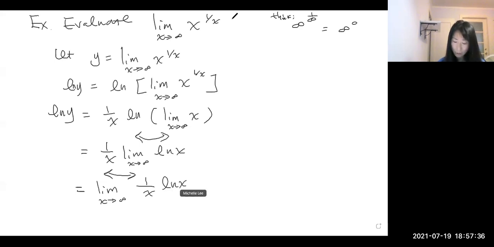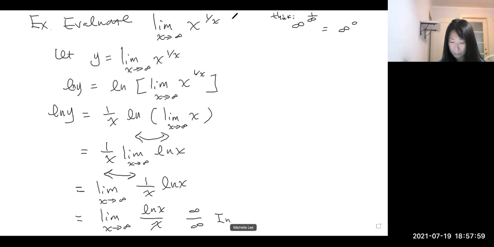Okay, so I can rewrite this one as ln x over x. Now let us apply the limit. When x approaches positive infinity, ln x is infinity, then infinity over infinity, which is an indeterminate form.